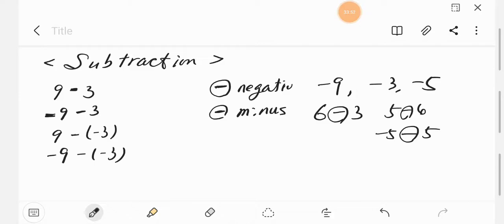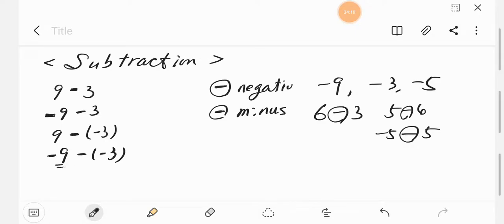Okay, the third one is 9 minus negative 3, because the second number is a negative number, so negative 3. The last one is negative 9 minus negative 3, because this is subtraction. This is the operator, so minus, and negative 3 is a negative number.